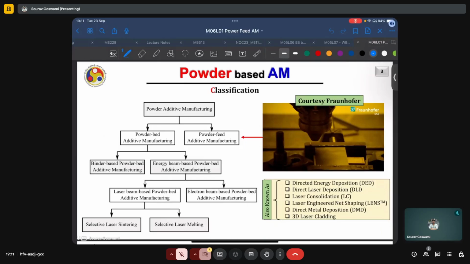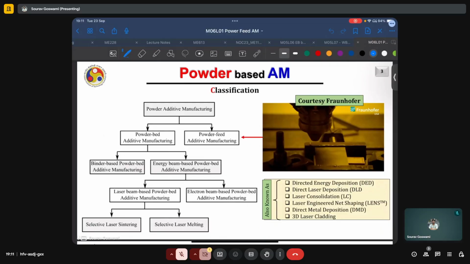Or it can be the powder feed type, where the powder is not available already on the printing substrate or the pre-deposited layer. Rather, it is fed or brought in contact with the laser. That is, it is delivered by some carrier gas.